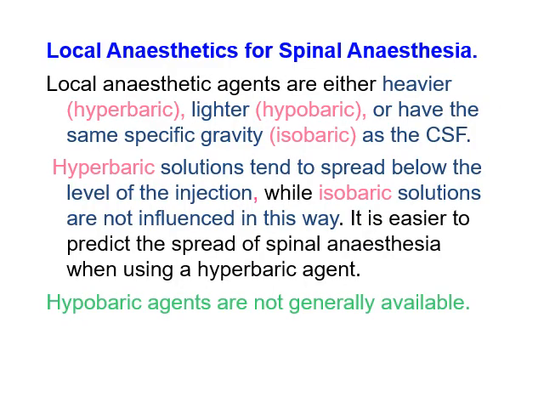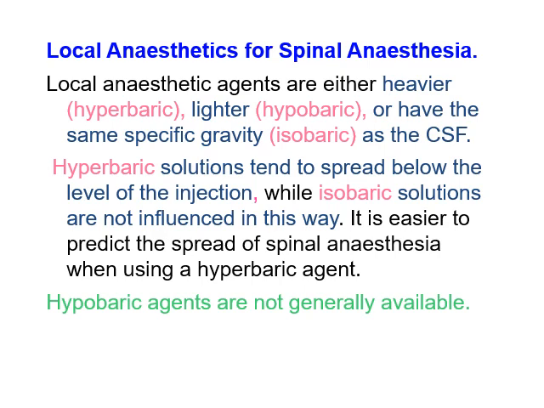Local anesthetics used for spinal anesthesia can be divided, according to the specific gravity of the drug in relation to the specific gravity of CSF, into hyperbaric, hypobaric, and isobaric. Hyperbaric are heavier drugs, hypobaric are lighter drugs, and isobaric have the same specific gravity as the CSF.